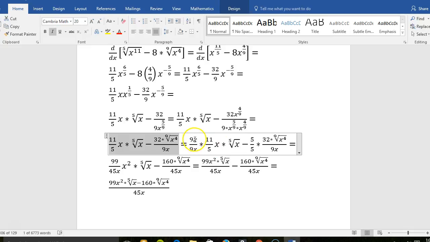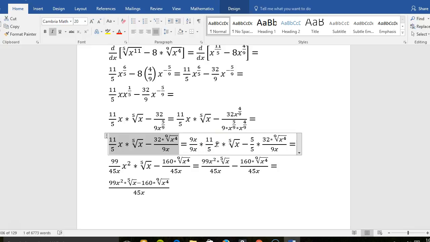So this top x, yeah, you could keep it up here. You could have a 99x up here and then this x down here, but you may as well just keep the 99 up here and put x squared here. If you just had plain 99 up here, you would have x squared here, and if you had 99x up here, you would just have x here.